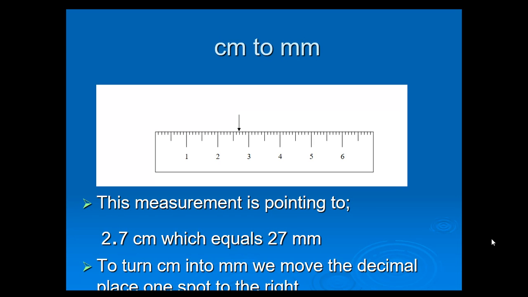Remember, centimeters, we put the decimal point in the 10 spot, which moves 1 spot over to the left. If we want millimeters, the decimal point stays in the 1 spot, which is our neutral spot when we start to look at our decimal points.